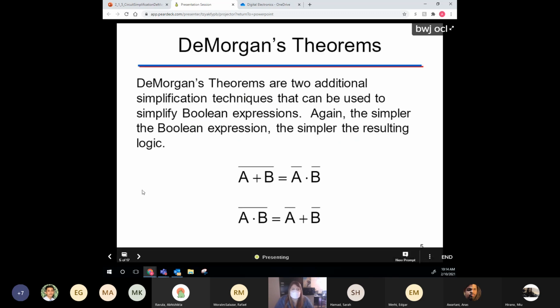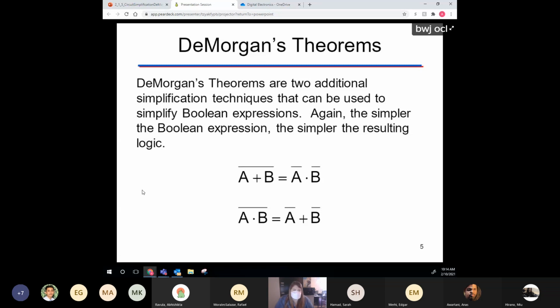First of all, we're just going to define what DeMorgan's Theorems is. In your notebook, you only have to write the first sentence, and you can paraphrase it. DeMorgan's Theorems are just 2 additional simplification techniques used to simplify Boolean expressions. You don't have to write the second part: again, the simpler the expression, the simpler the logic.